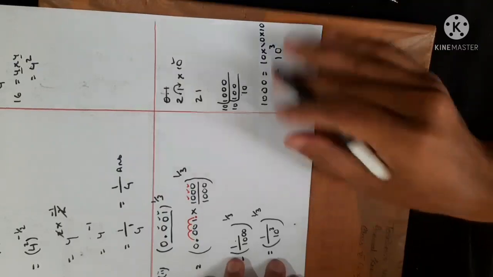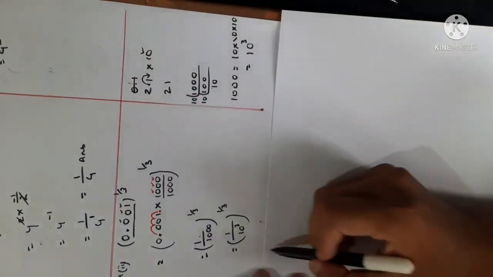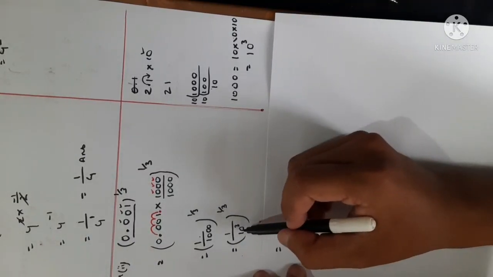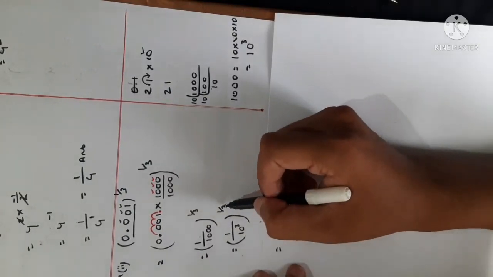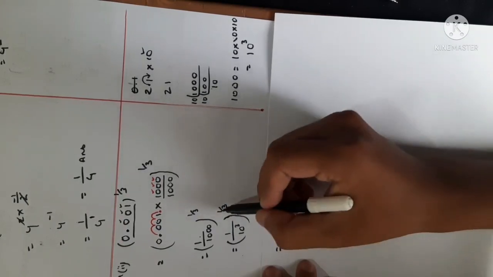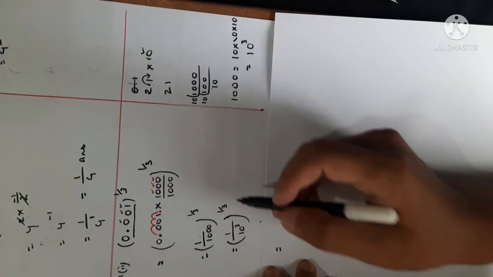So here next we simplify this further. We have 1 by 10 to the power 3, bracket raised to the power 1 by 3. So what we have to do here is raise both 1 and 10 to the power 3 to the power 1 by 3.